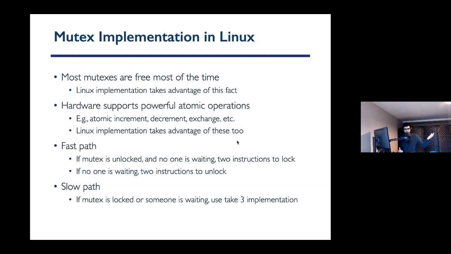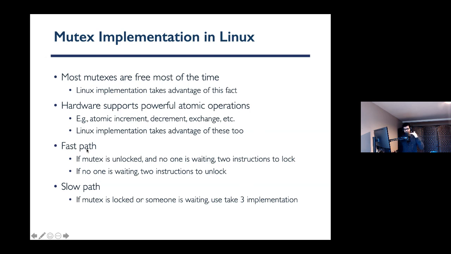It's not just test and set. You can do other kinds of atomic instructions like atomic increment and atomic decrement or atomic exchange. So the Linux implementation uses these two observations and facts.